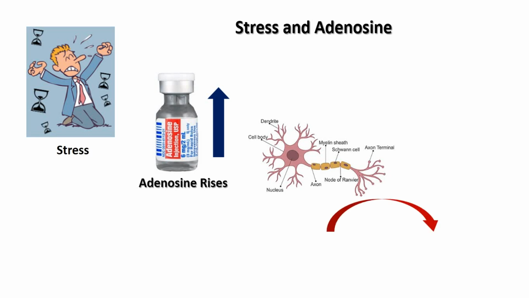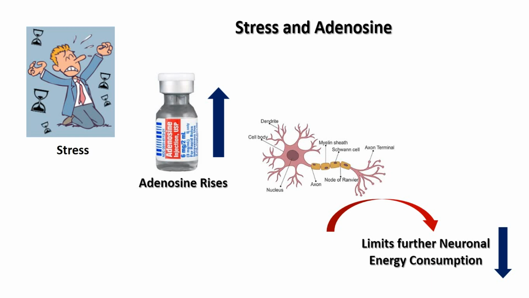Once there is stress, the neurons become active and it further limits neuronal energy consumption. It further limits or decreases the neuronal energy consumption. How does it do this? You have adenosine, very important, listen very carefully.